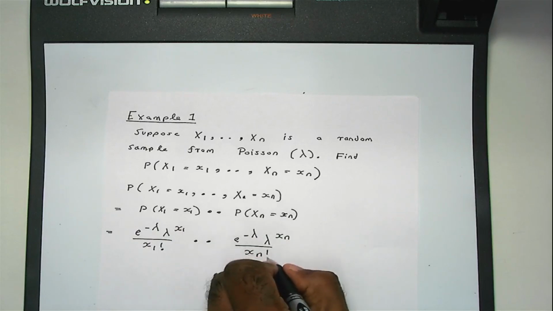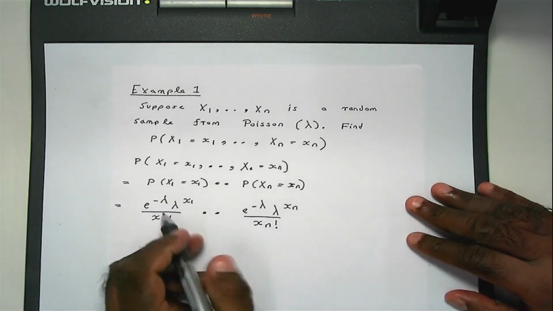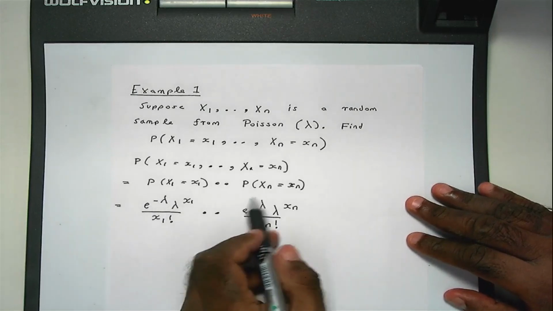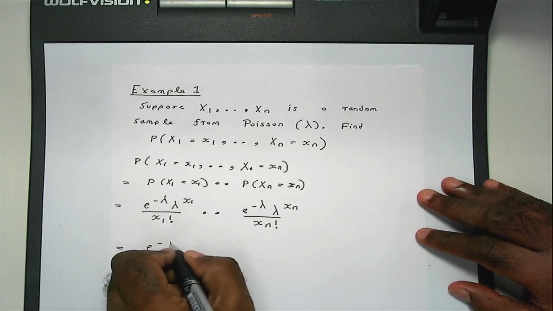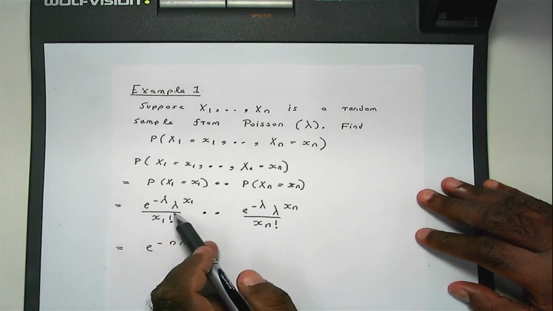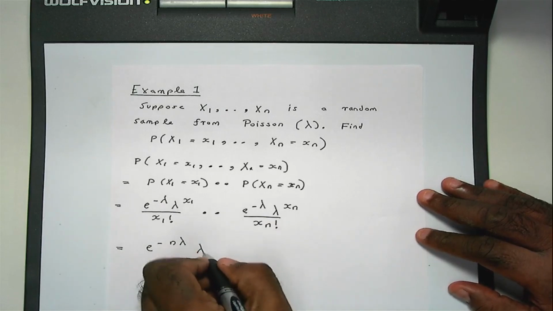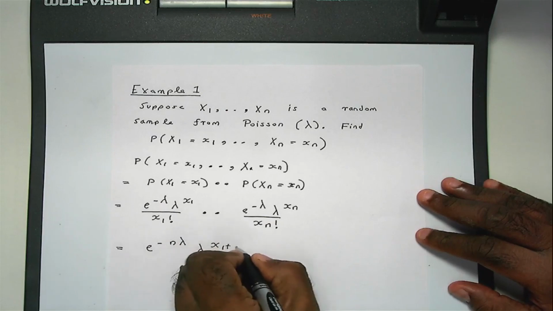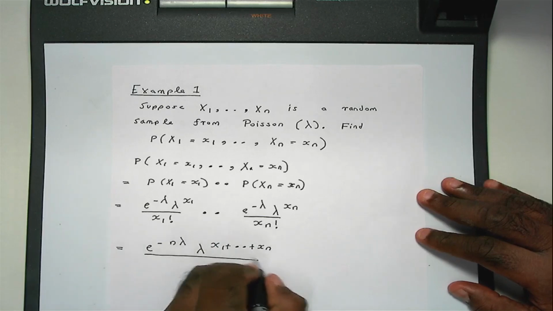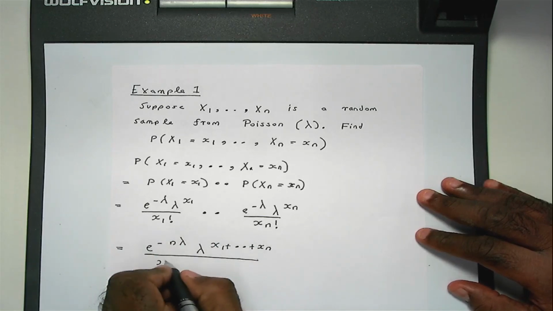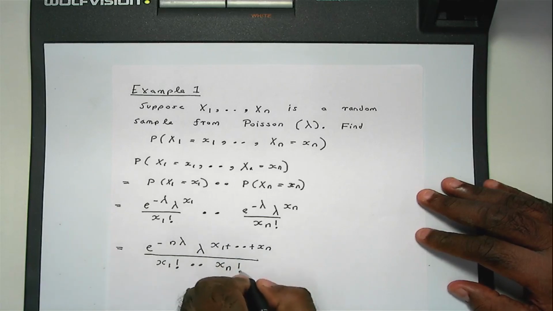Now we can simplify this. There are n of these terms. So combining them, you get e to the minus n lambda, and you have lambda to the power x1 up to lambda to the power xn, so that would be lambda to the power of the sum, and then in the denominator you have x1 factorial up to xn factorial.